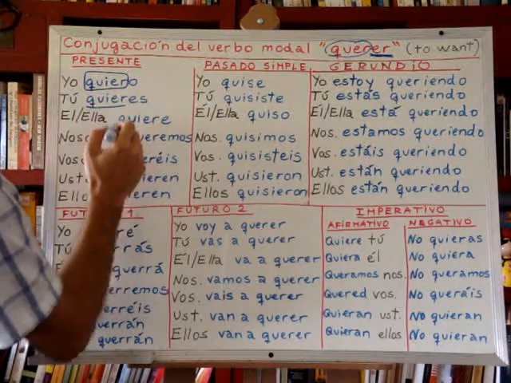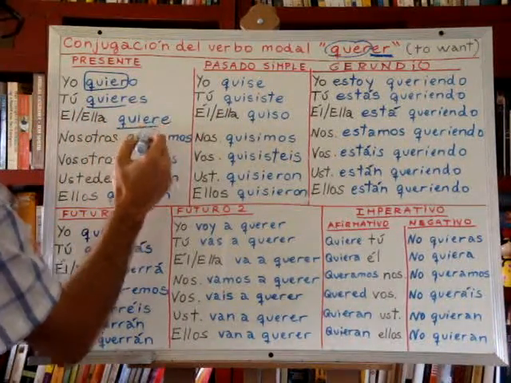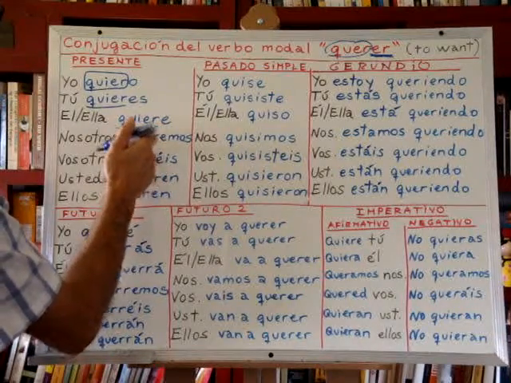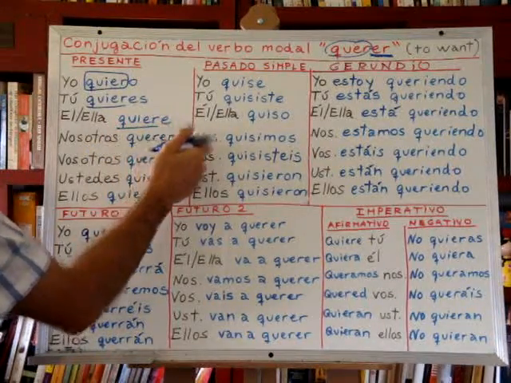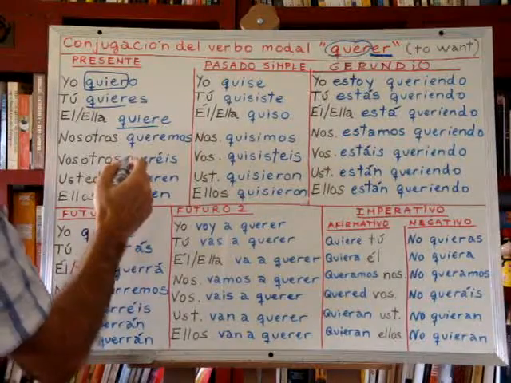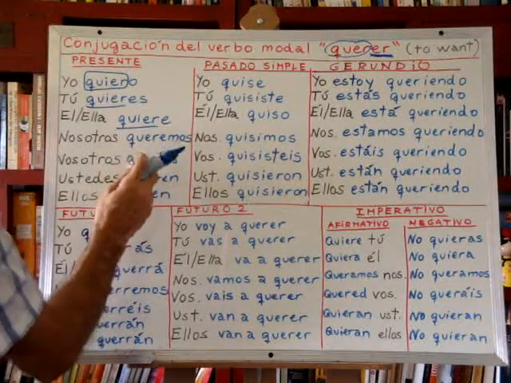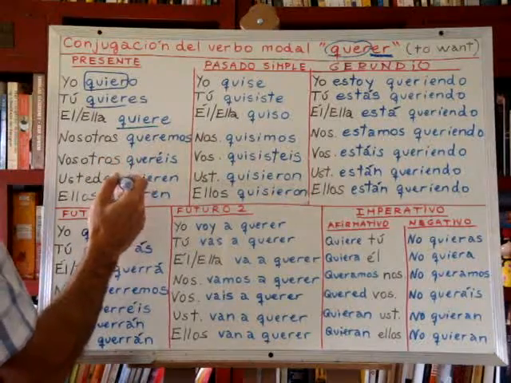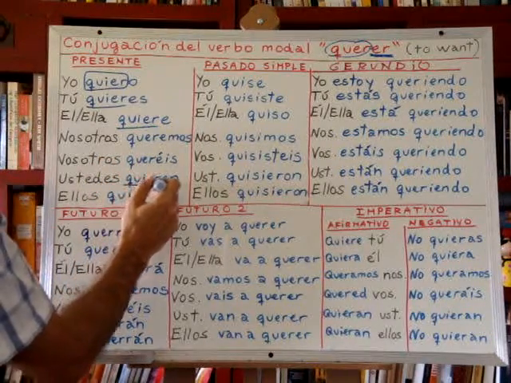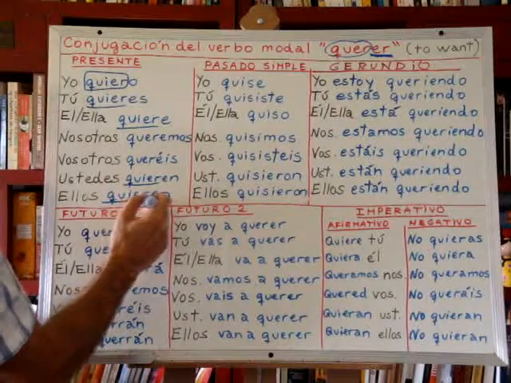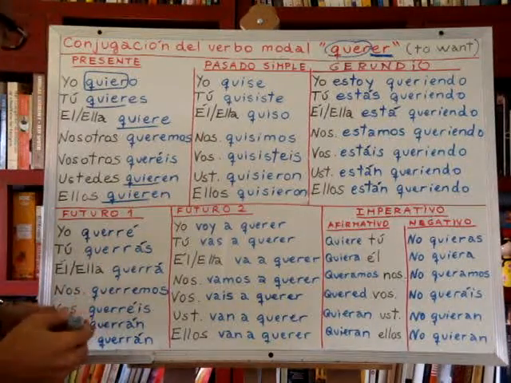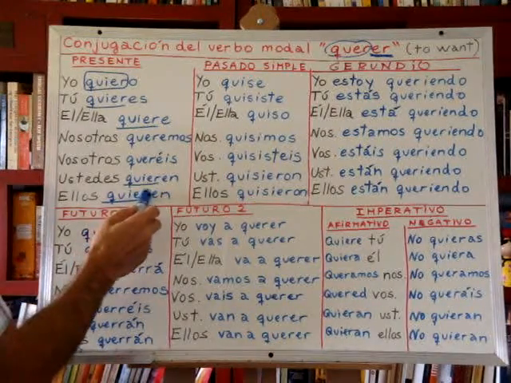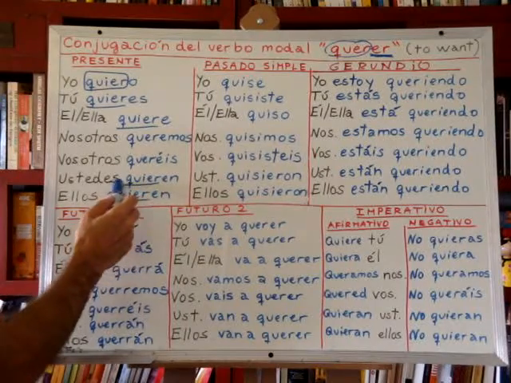Also here we can see it, here as well. Here, for we or nosotros, it is regular. Here, for vosotros, it's also regular. Here it becomes irregular again. And here as well. We can see how the root of the verb has been modified.